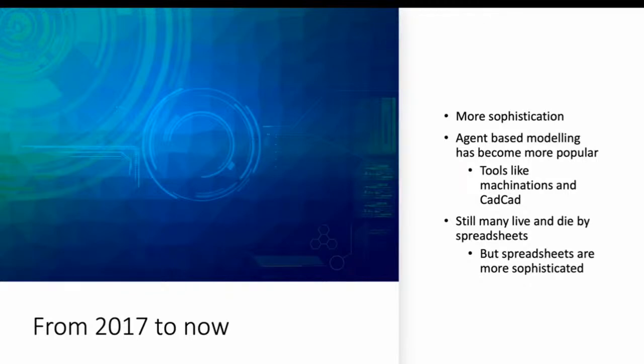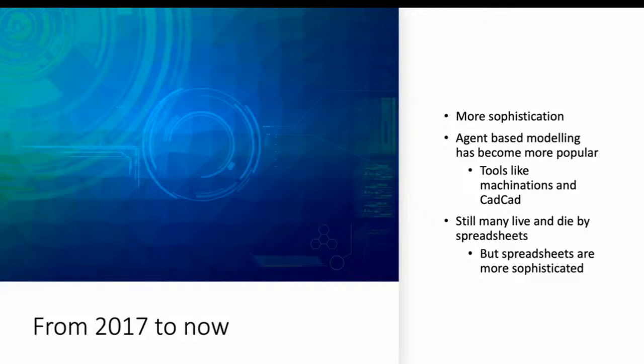Since 2017 until now, there's been more sophistication, not only in tokenomics, but also in the space as a whole. There were some innovations like DeFi that weren't really around back then. And agent-based modeling has become more popular than ever with tools like Machinations and cadCAD.